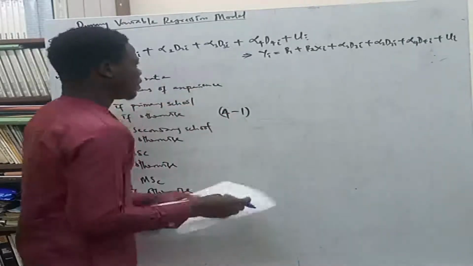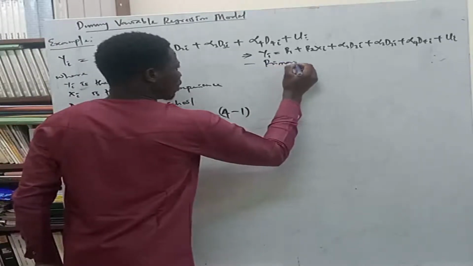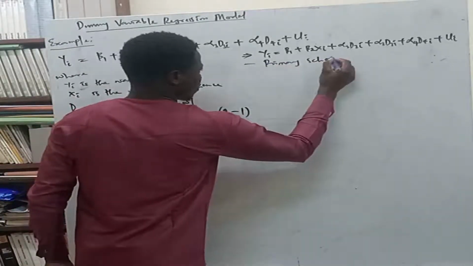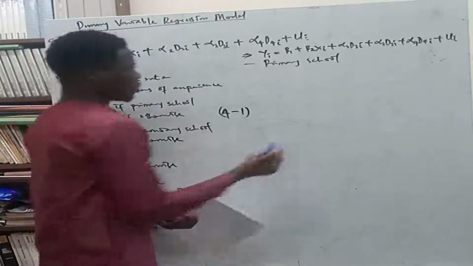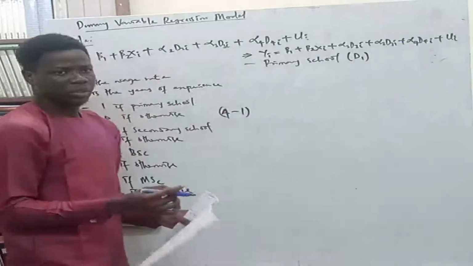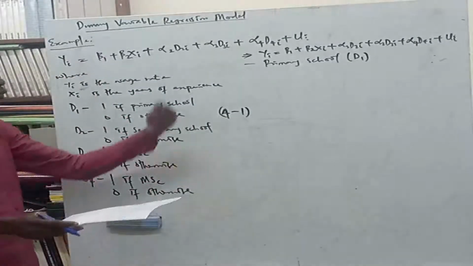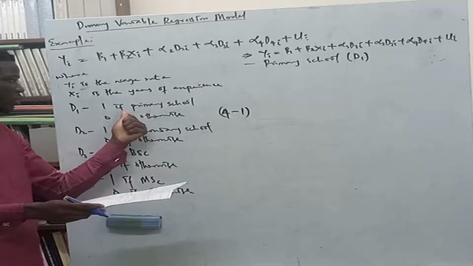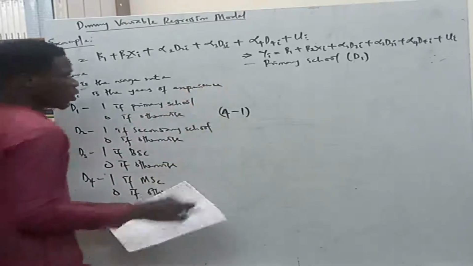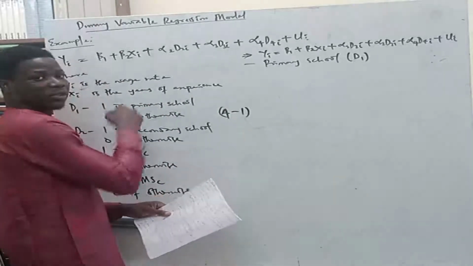So we're dealing with primary school, those who just have a primary school leaving certificate. You see that primary school, which is D1, is not in our regression model. That means anywhere you see D1, you're supposed to put 1 there as primary school, but it is not there. So what do you do? You take the rest as 0, because we have said 0 if otherwise.